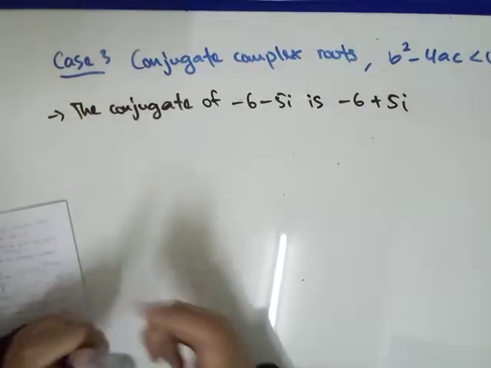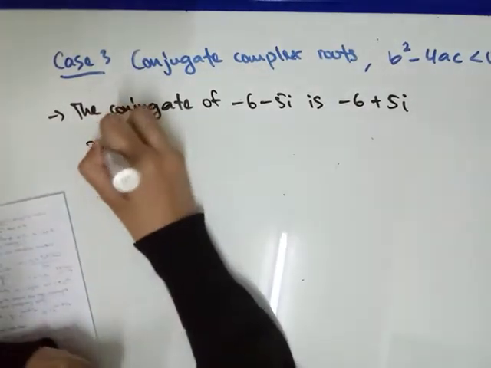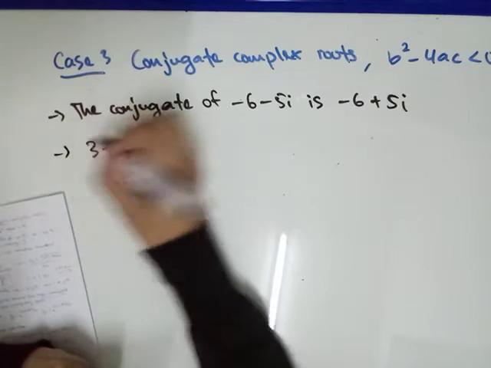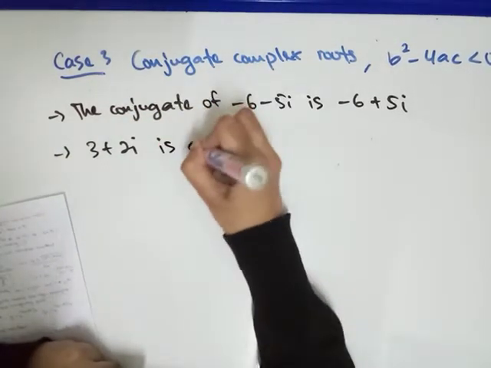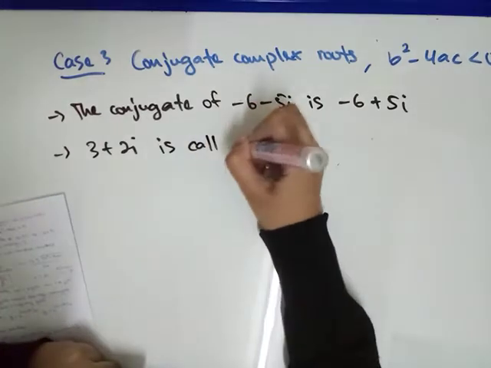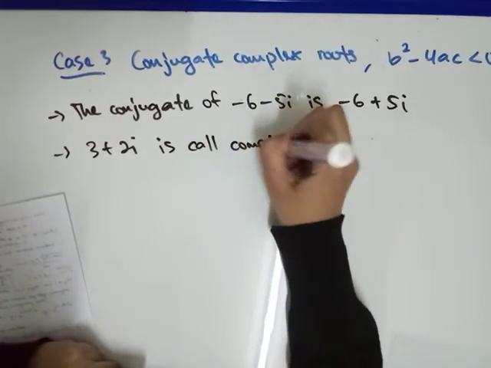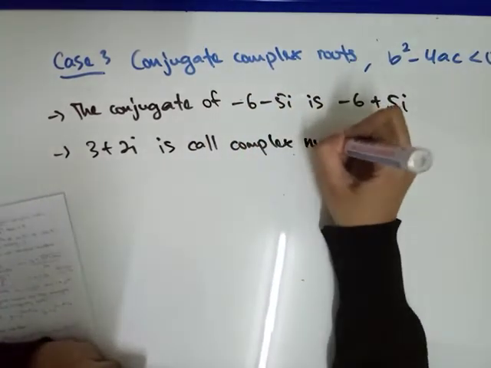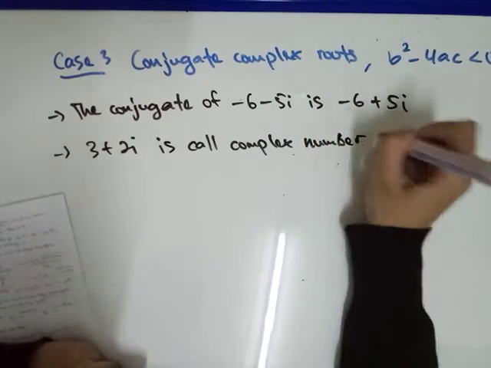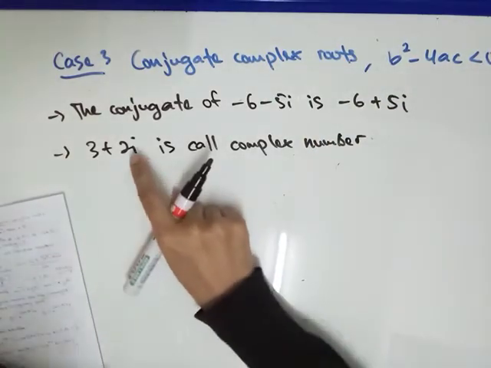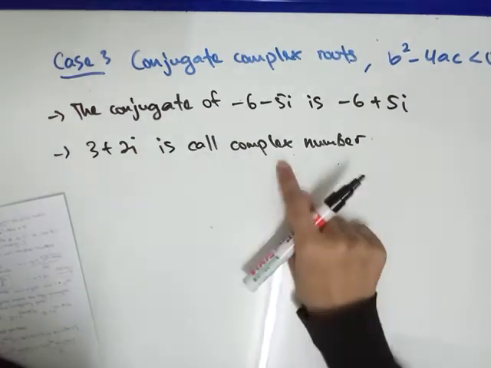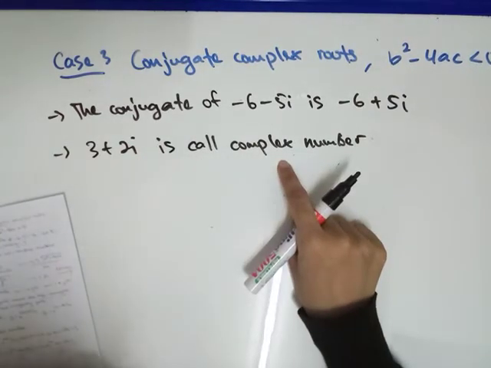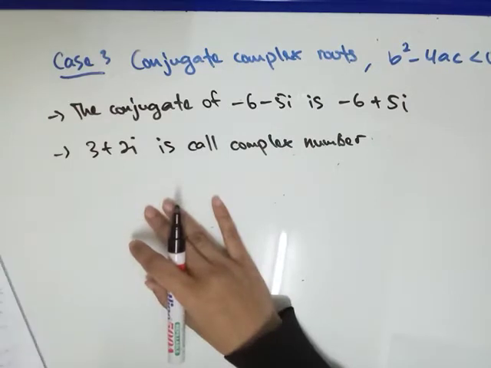So we know that if we have 3 plus 2i, it is called a complex number, sebab we have i here. So in case 3, how to solve for m?